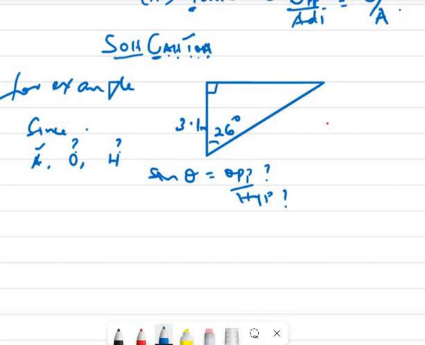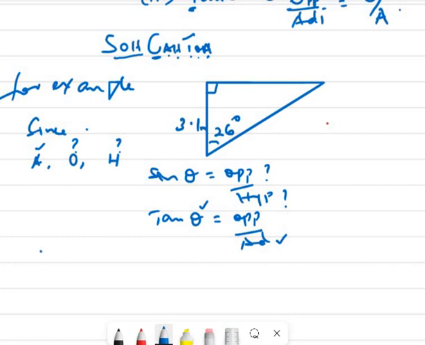But when you check the tangent, tan theta is equal to opposite over adjacent, you can see that because this is given, we have this one, then we can use these two to get the opposite to this angle.